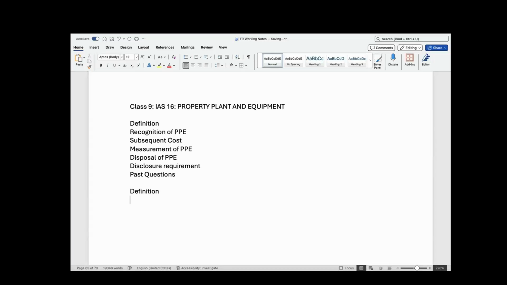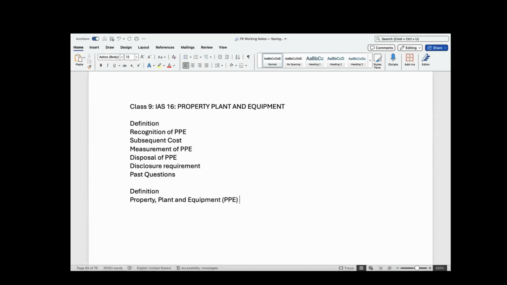So the first thing is this. Let's have the definition of property, plant, and equipment, which we usually shorten as PPE. I will write it in full now: property, plant, and equipment. Then going forward, I will simply write it as PPE. Now, what is it?